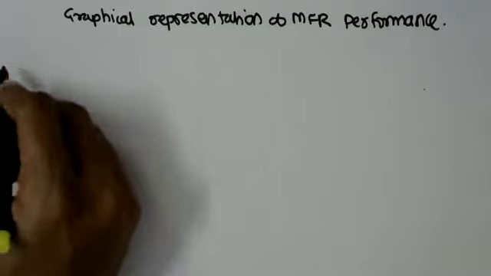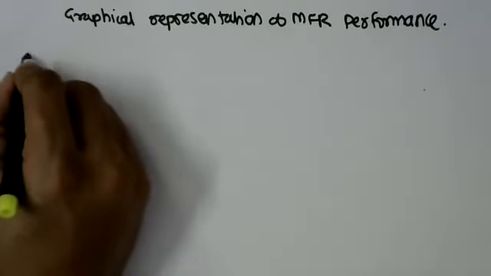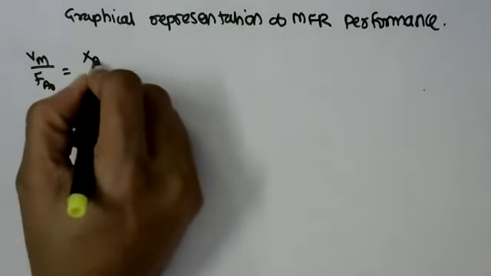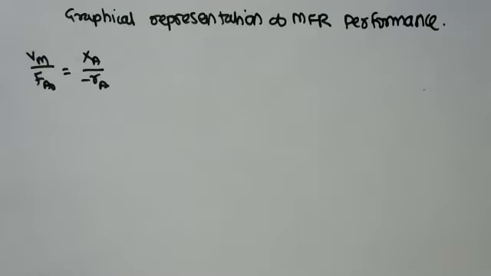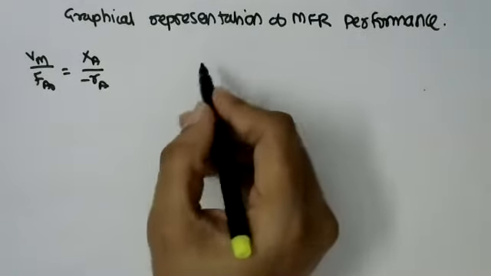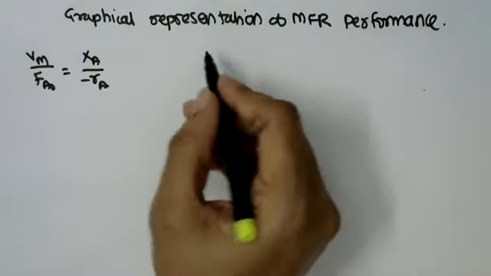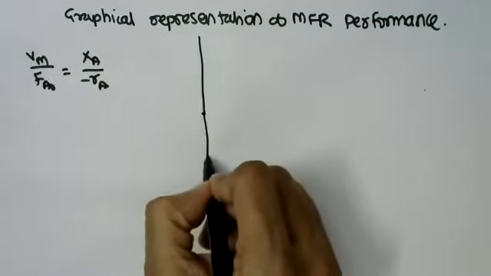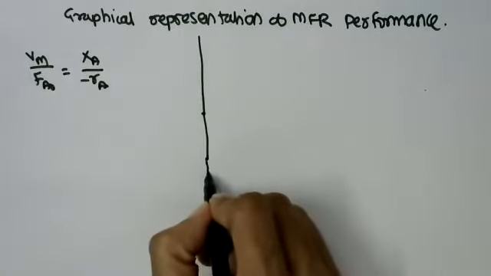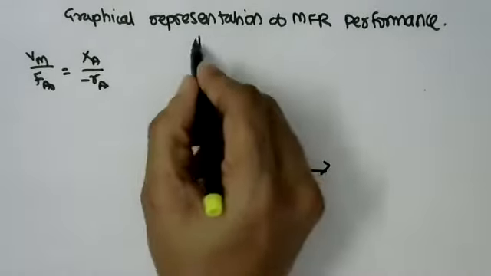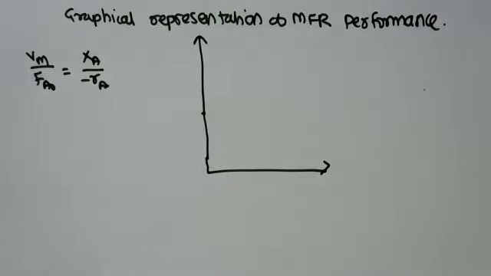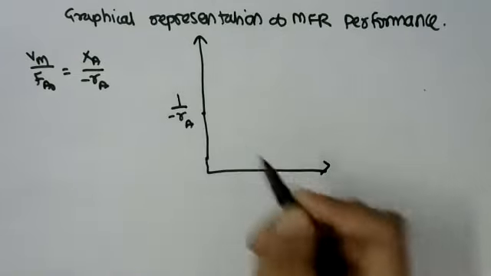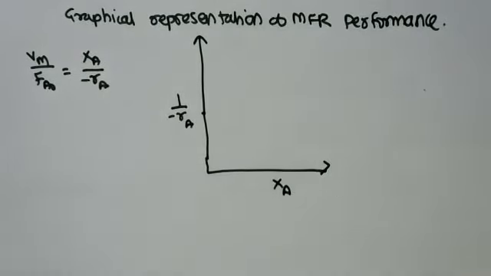Now, the first equation we considered was Vm upon Fa0 is equal to Xa upon minus Ra. So, if we wish to see the graphical representation of the performance of MFR represented by this equation, then you have to plot the graph of 1 upon minus Ra versus X.